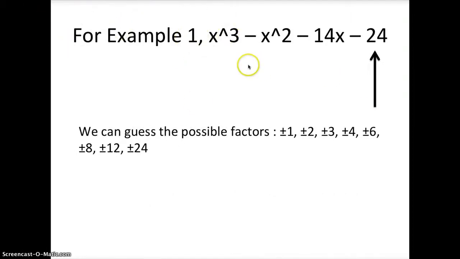For example 1, we can guess the possible factors from the last constant, which is positive or negative 1, 2, and so on. We find them by 1 multiplied by 24 gives 24, 2 multiplied by 12 gives 24, 3 multiplied by 8 gives 24, and 4 multiplied by 6 gives 24.